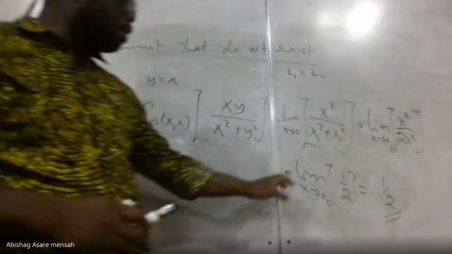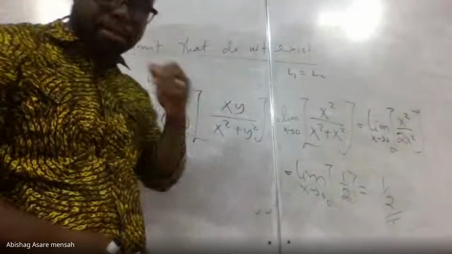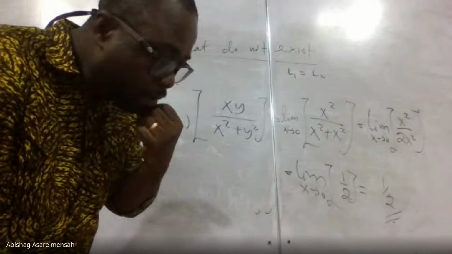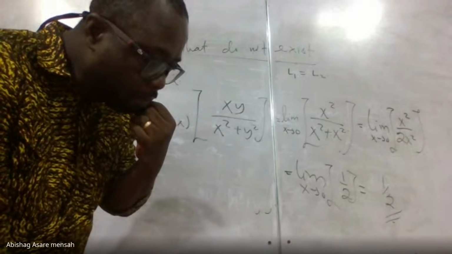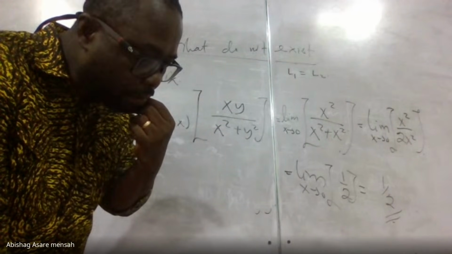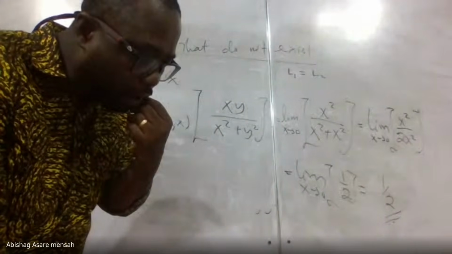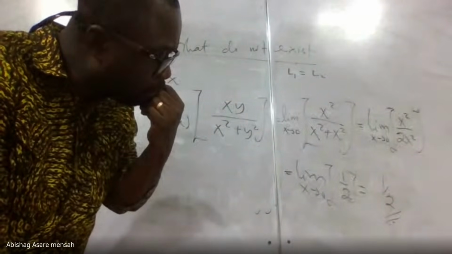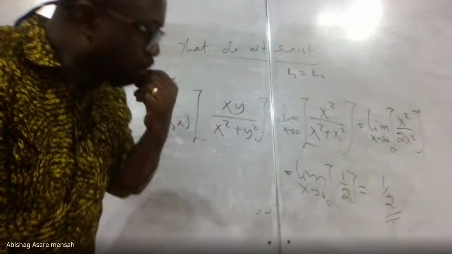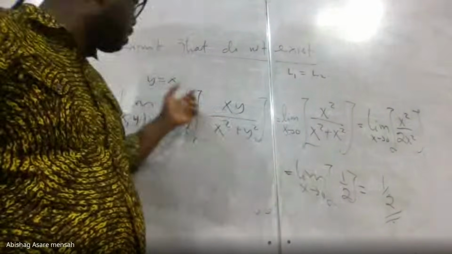Now you see that when you set y equal to x, we didn't get 0. For that one, we had 1/2.